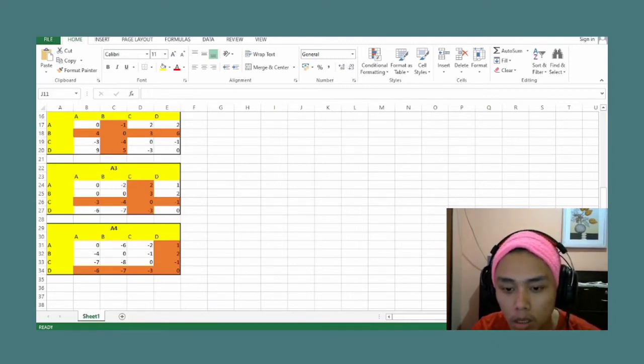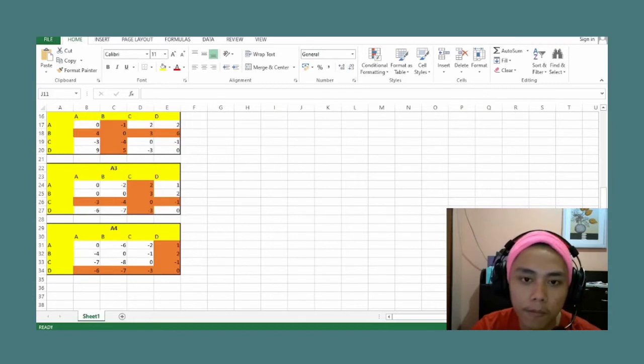B to A is equal to -4, which will replace the previous number 7. B to C is equal to -1, which will replace the previous number 3. C to A is equal to -7, which will replace the previous number -3. C to B is equal to -8, which will replace the previous number -4. And that's it. Thank you.